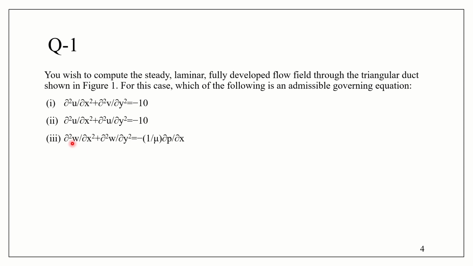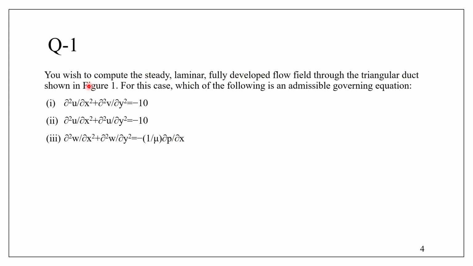Option 3 is ∂²w/∂x² + ∂²w/∂y² = -(1/μ) ∂p/∂x. So there are 3 equations given, out of which we should find whichever are applicable for computing the steady laminar fully developed flow field through the triangular duct in figure 1.